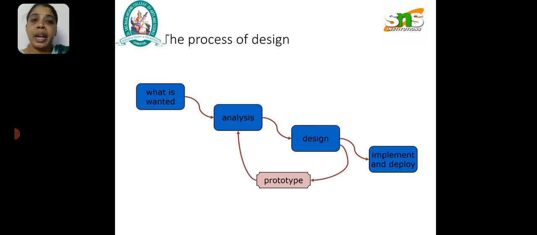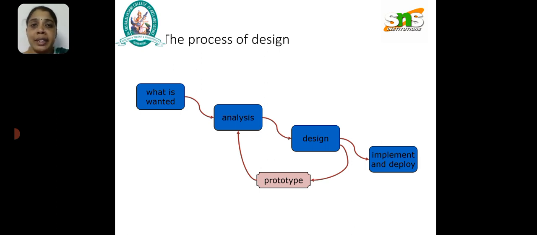Before it is handed over to the customer, it should be verified by the concerned management. After that, it again goes to the analyzing stage. Again they have to implement the design, and again it will be verified. After that, it will be implemented and given to the user. The user will operate the given model.